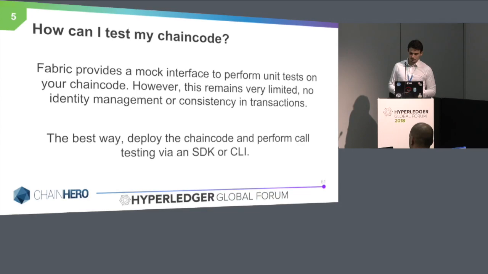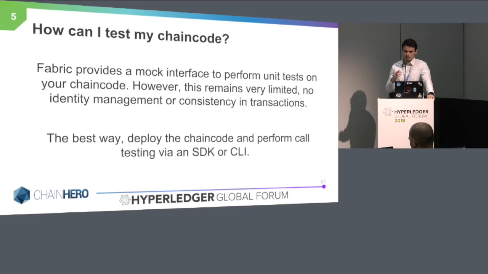So I hope that you understand that it's not really easy to write a chain code. It can take a while. If you want to test, for example, identity management, it is not really easy because you can't use the mock interface. So that's it.